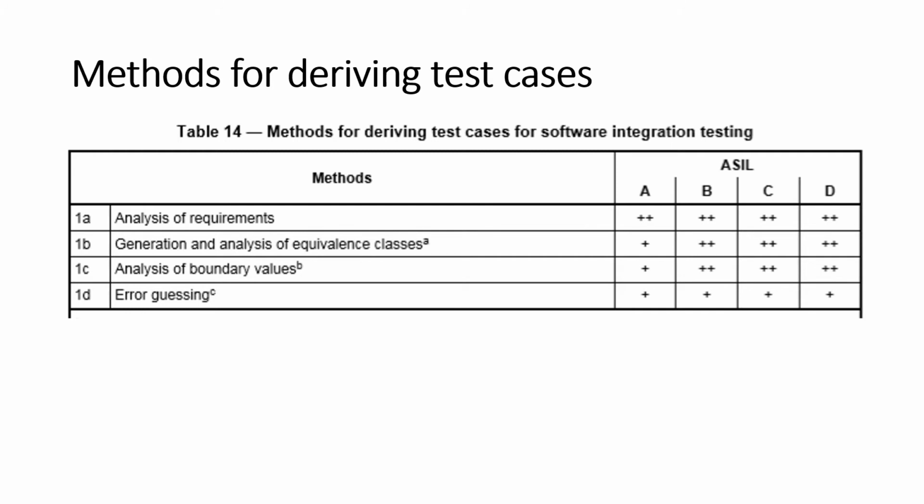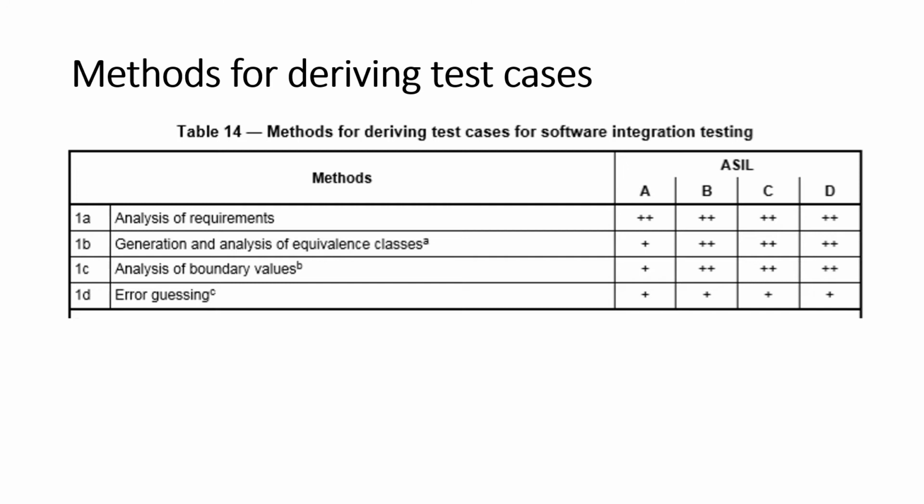So the next thing is methods for deriving test cases, or the software integration test cases. There are 4 different methods, similar to our unit testing. The first method is requirement analysis, then equivalence partitioning, then boundary value analysis, and error guessing.